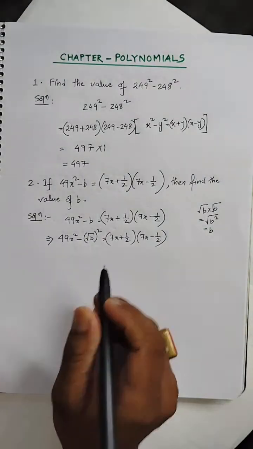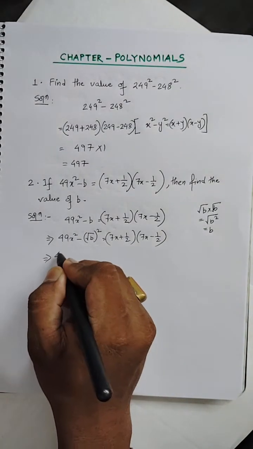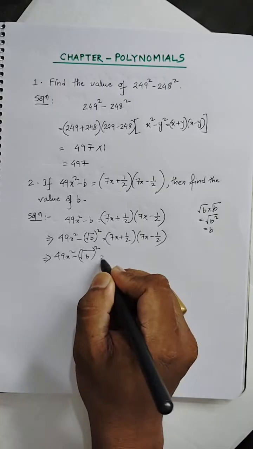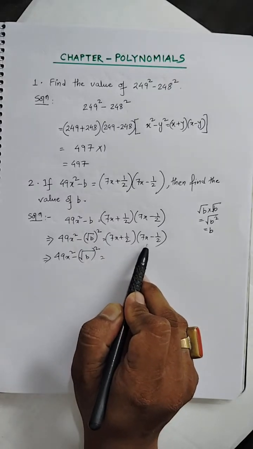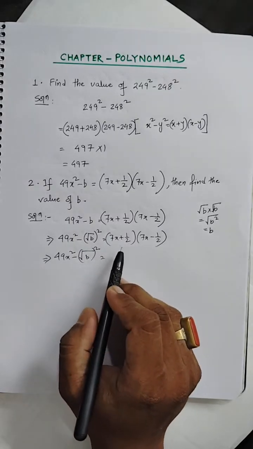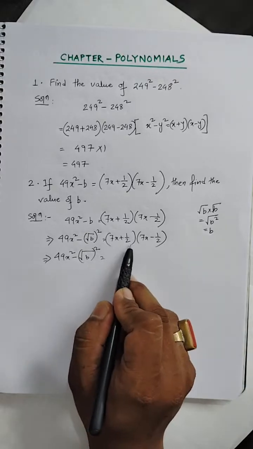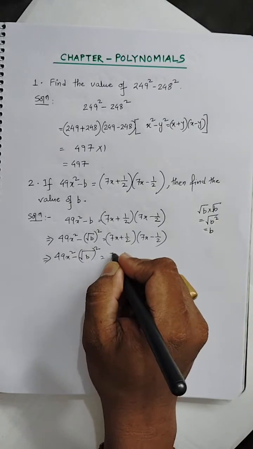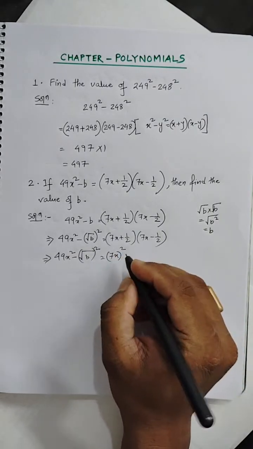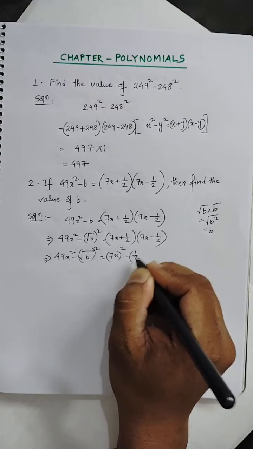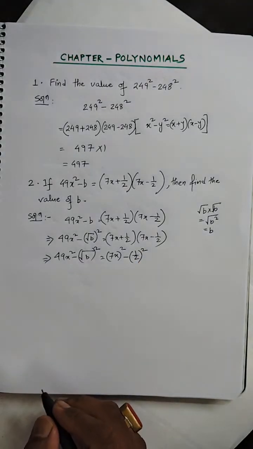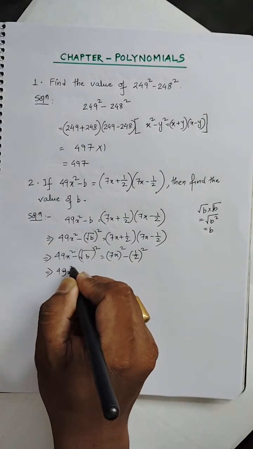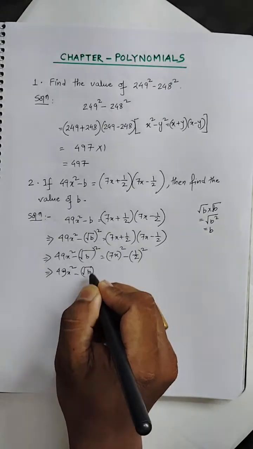So 49x square minus root over b whole square. So this is 7x plus half and 7x minus half. This can be rewritten as, this is a plus b into a minus b, or x plus y, x minus y, whatever. So this will become 7x whole square minus half whole square, is it? So 49x square minus root over b whole square.